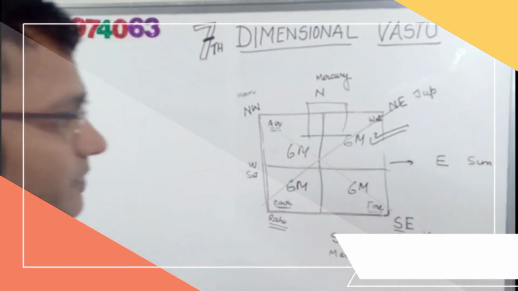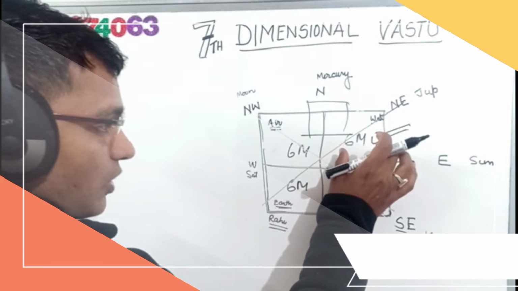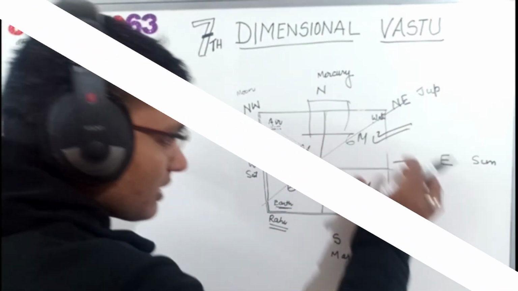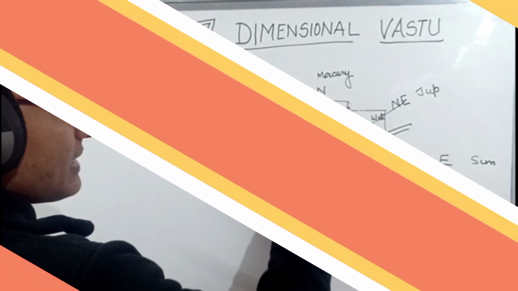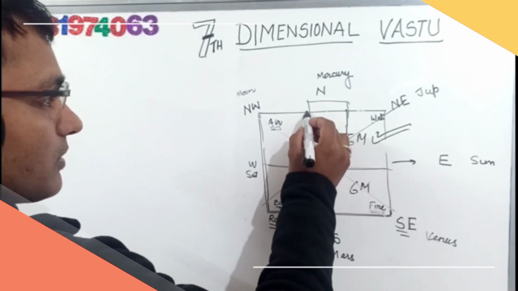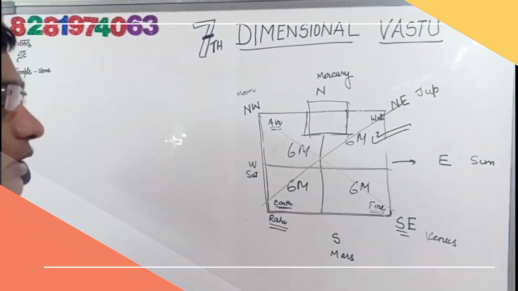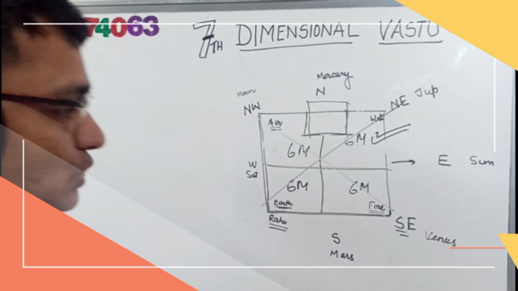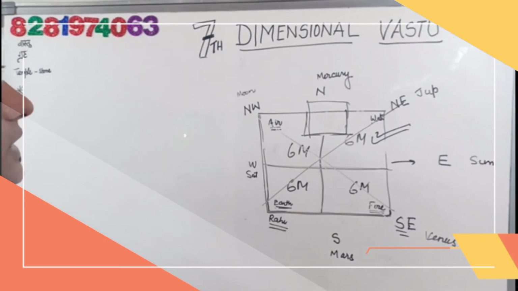Heavy in the sense there should not be so many items here which are very heavy or very noisy, like too much electricity items. It is always good that you keep heavy items here, or some store. And here it's like your money, because it's Mercury. So in a simple way you might have understood.